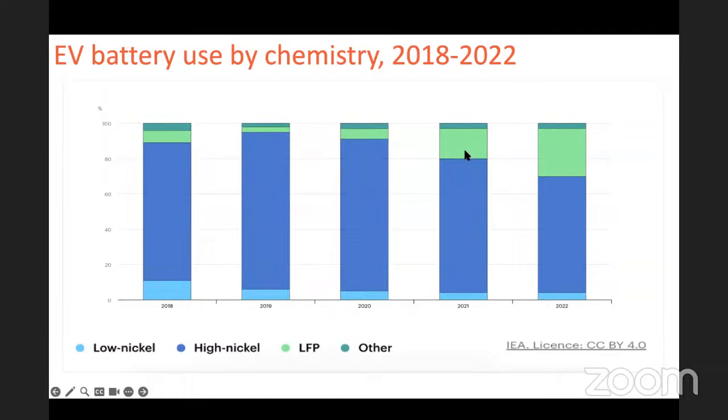And the LFP batteries commonly use phosphorus, which is abundantly available and used in the agricultural industry as well. So that availability might have caused the increased use of LFP batteries in production.